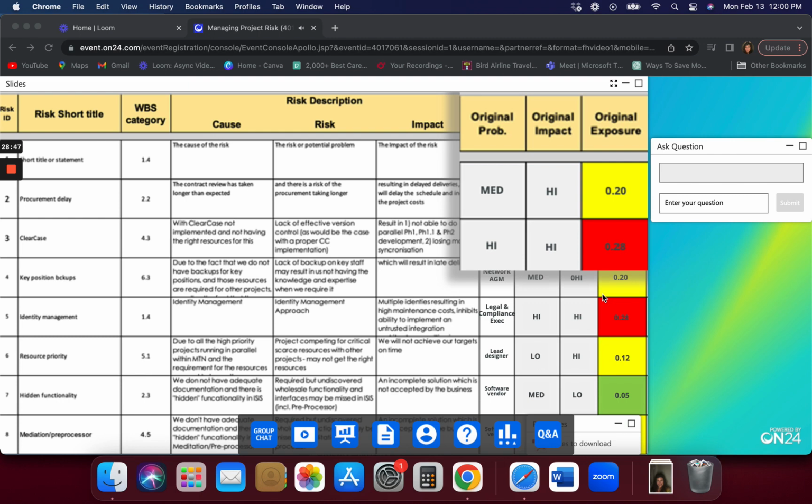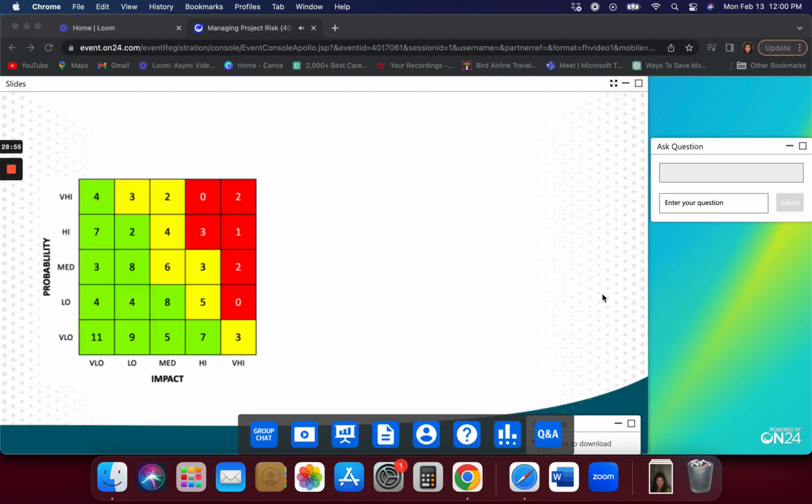But for now, I'm just going to go back to our PI matrix and say, let's just pass that on to you. I think you should be able to see it now. What we do is we have a COUNTIF function in the spreadsheet where we now have the number of risks in each cell. In this case, if you were to add them up, I can't remember the number, but it's over 100, about 106, I think.